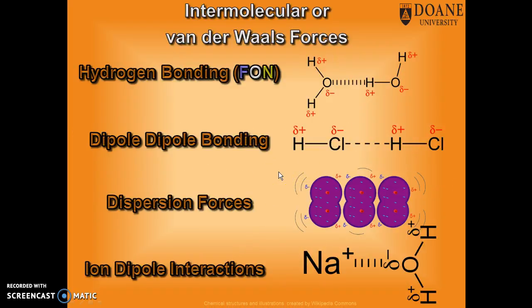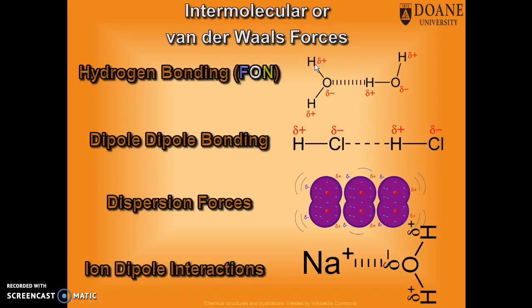Finally, let's have a look at what type of forces are occurring in between molecules. First of all, hydrogen bonding. Hydrogen bonding occurs between hydrogen and the elements fluorine, oxygen, and nitrogen. Here's an example of water. Water has an oxygen that has a partial negative charge due to its electronegativity.